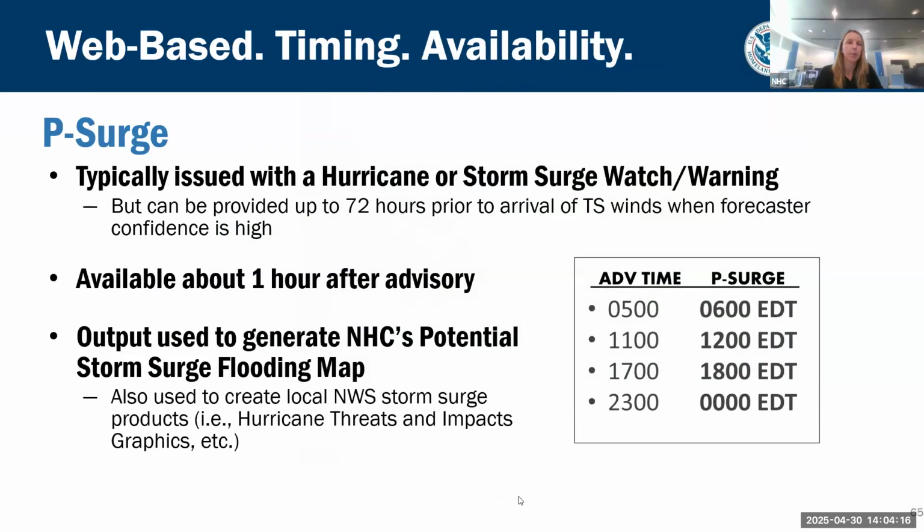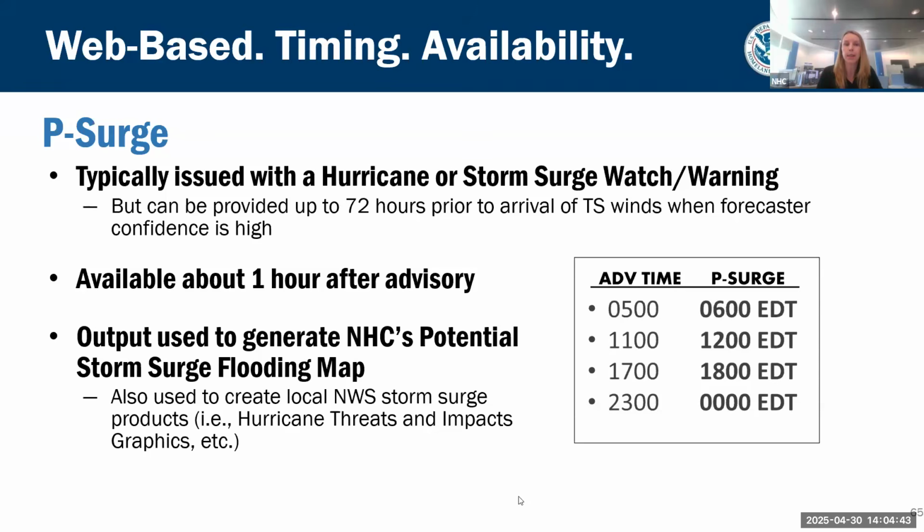This is the summary slide telling you when P-surge is available. This is our real-time product. Remember, we run it definitely when there's a hurricane or a storm surge watch or warning, but it could be provided up to 72 hours prior to the arrival of tropical storm force winds, when we have some good confidence about the forecast situation.